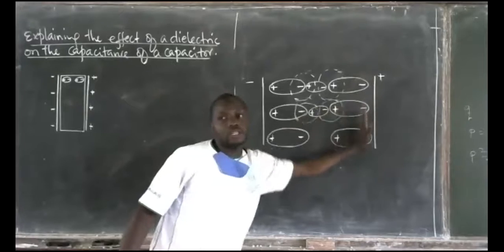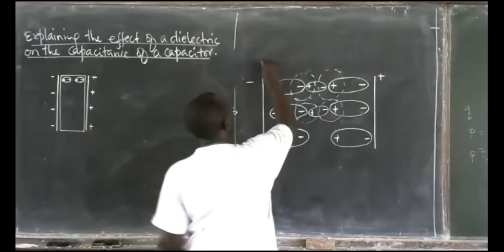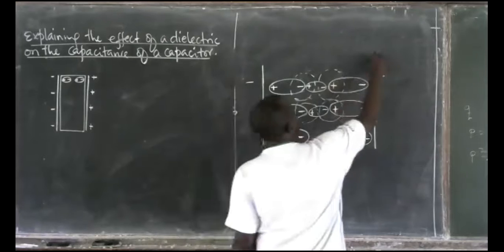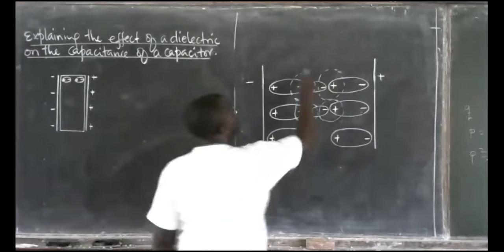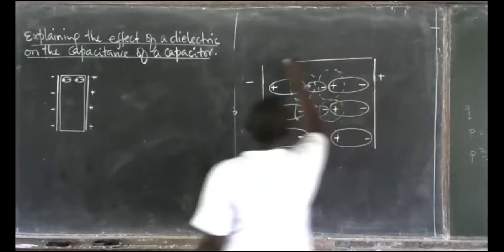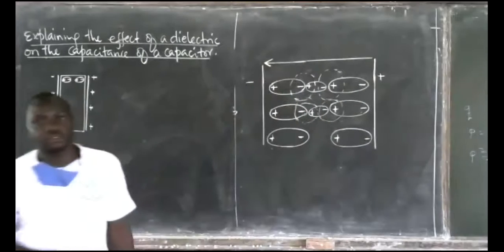I want us to realize that since originally the plates were themselves charged, there was an electric field which was facing where? From the positive to the negative.